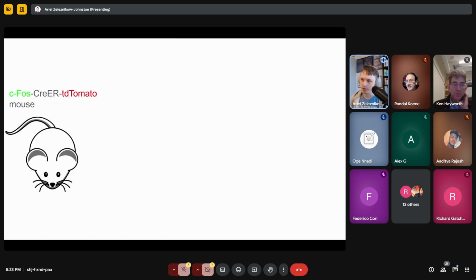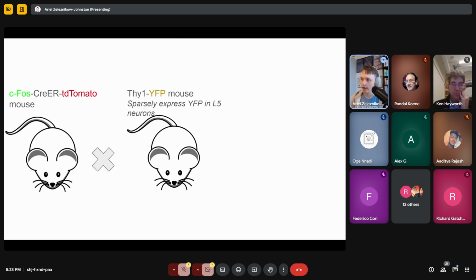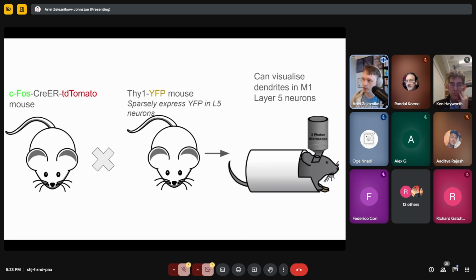And the way in which they do this specifically is they use their trap mouse population, but they cross it against a THY1 YFP mouse, which essentially sparsely expresses YFP in layer 5 neurons in the motor cortex, and I assume elsewhere as well. What that is useful for is it means they can now generally visualize dendrites of neurons in M1 layer 5, even before they've done training or TRAP or c-Fos or any of those sorts of things.